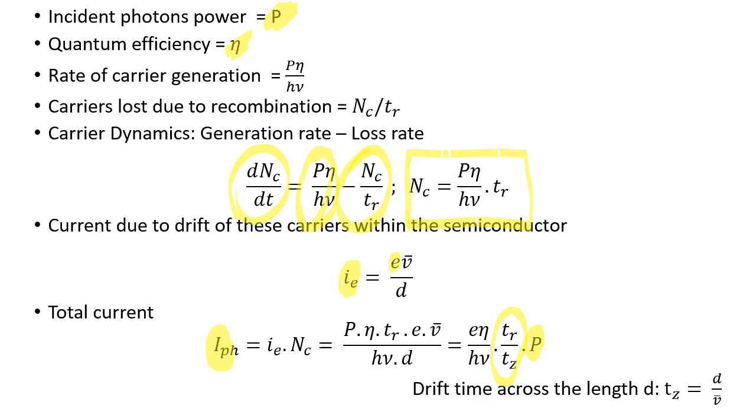One is T_z, which gives me the time required for the electron to drift across the length d, which is the thickness of the semiconductor detector material, and T_r over T_z, if this is greater than 1, I'm essentially going to generate more than one carrier for my input photon.